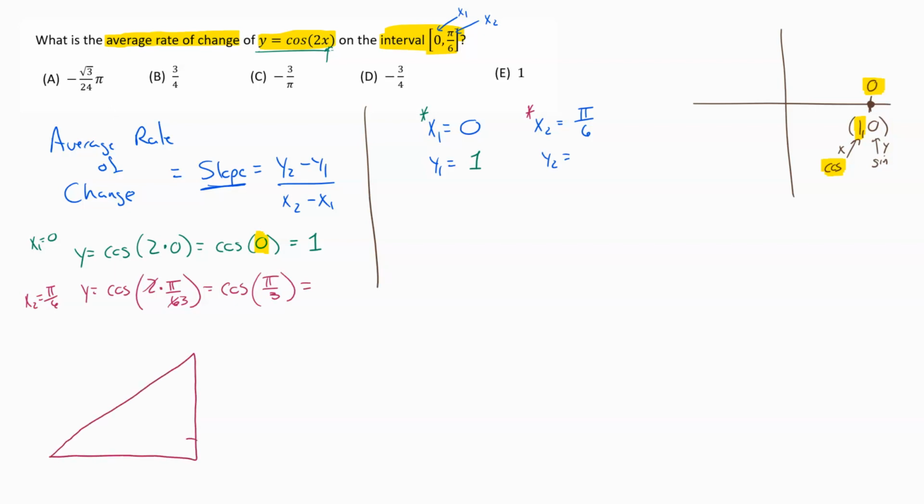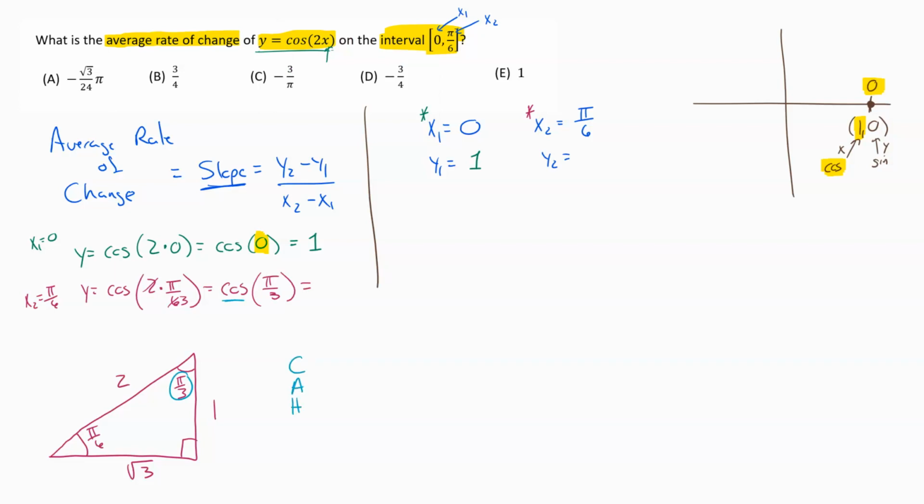So this special triangle is our 30, 60, 90 triangle. So this would be pi over 6, pi over 3. And the way you label this is always 1, 2, square root of 3. Then we want to find the cosine of pi over 3. So this is where your SOHCAHTOA game comes in.